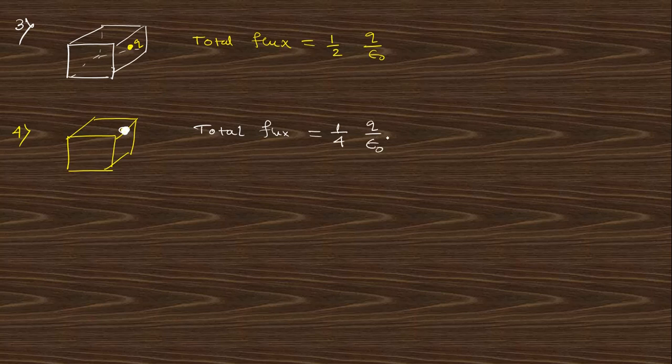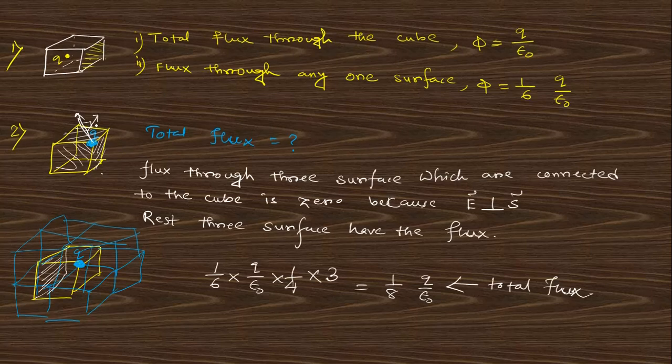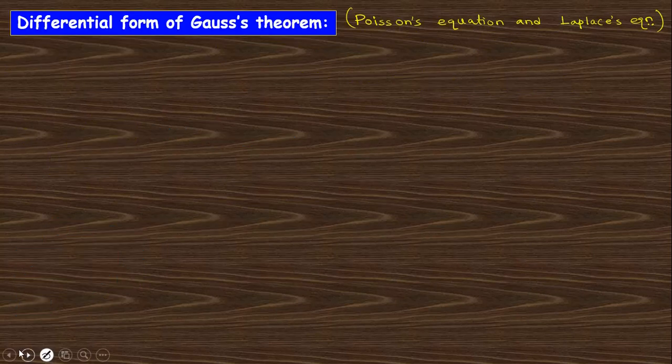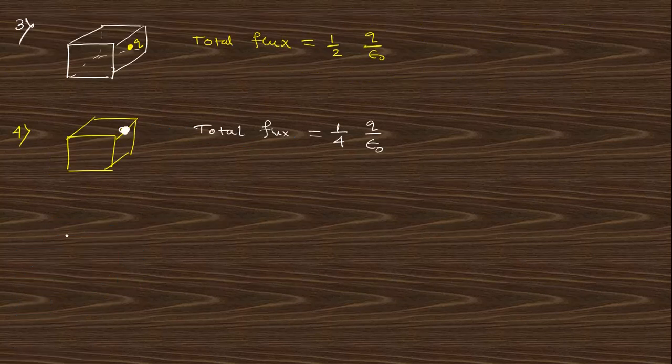This will be the 1/4 q by epsilon naught. I think this covers all the figures: the corner, the face, and the center. So by using Gauss's theorem, we can find the flux easily.